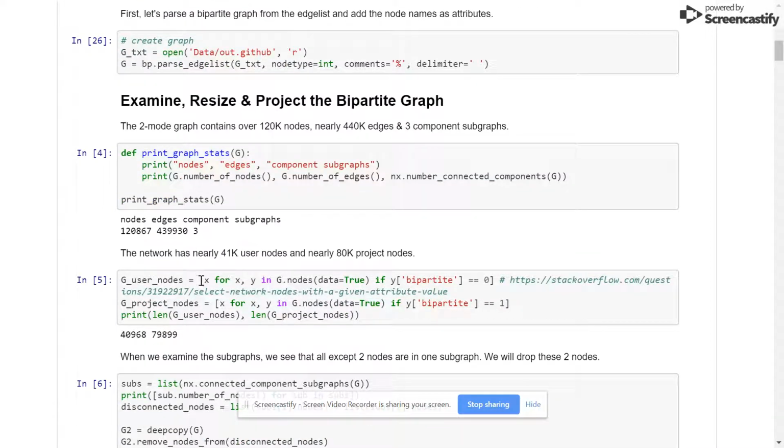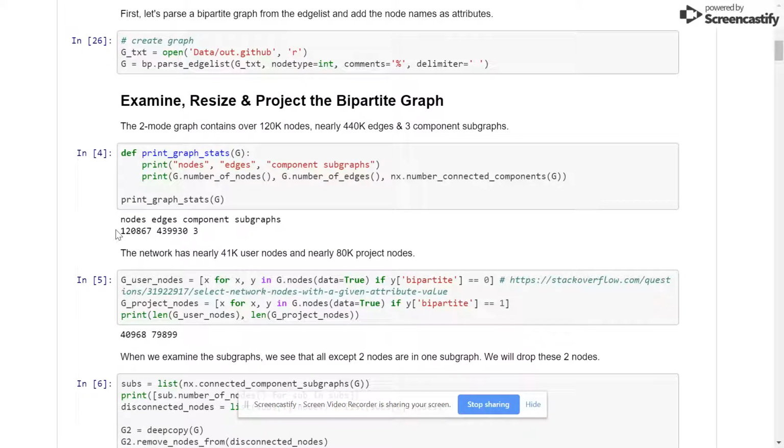Let's take a look at the size of this network. It has 120,000 nodes and more than 400,000 edges and 3 component subgraphs. Now, from playing around with this, we're going to need to drastically reduce the size of this network before we do our projections.